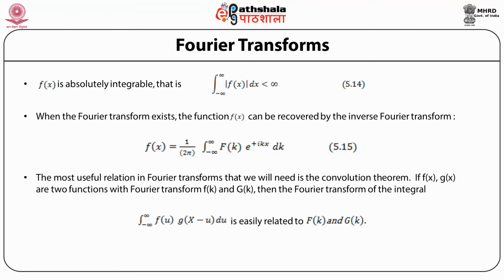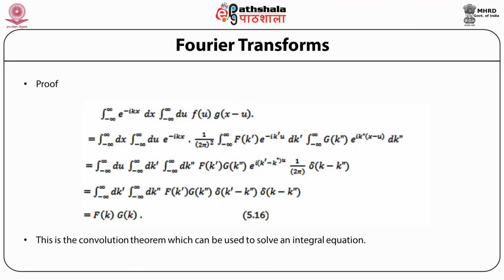What we have done, the proof is straightforward. Consider the integral from minus infinity to infinity of e to the power minus i k x dx multiplied by the integral from minus infinity to infinity of du f(u) and a function g(x minus u).